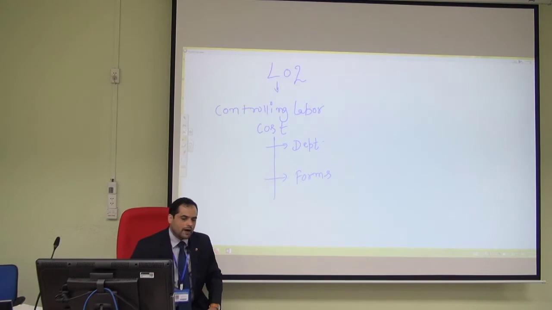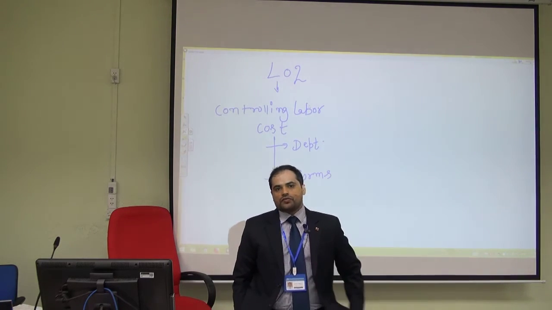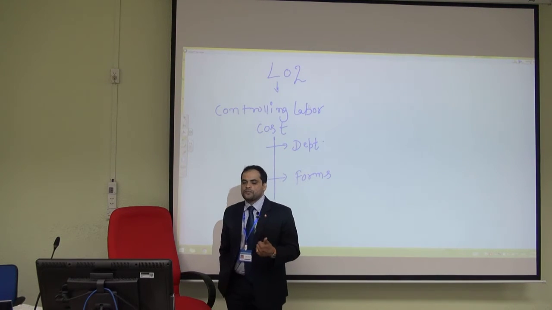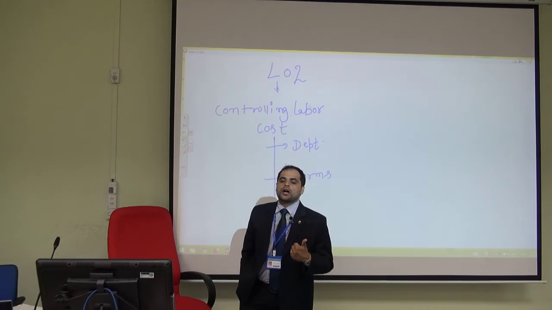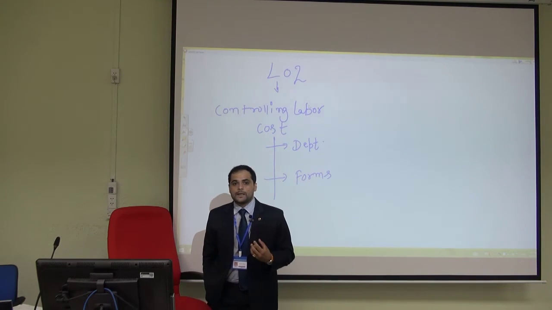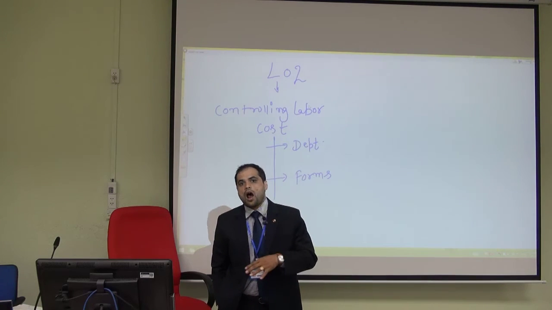If you talk about the departments, we have two departments mainly involved in labor cost. The first department is the timekeeping department. The timekeeping department basically keeps all the records related to the worker hours.